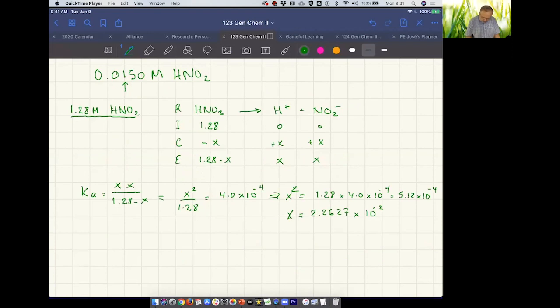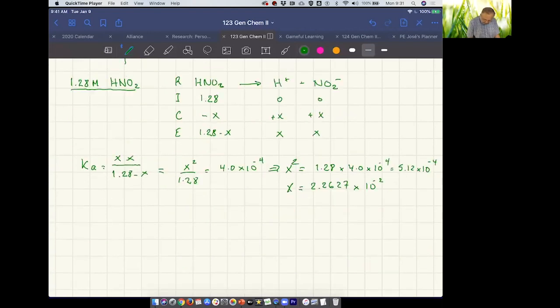Since they're asking us to calculate the percent ionization, it is going to be equal to 2.2627 times 10 to the minus 2 divided by 1.28 times 100. And I get a number of 1.76.